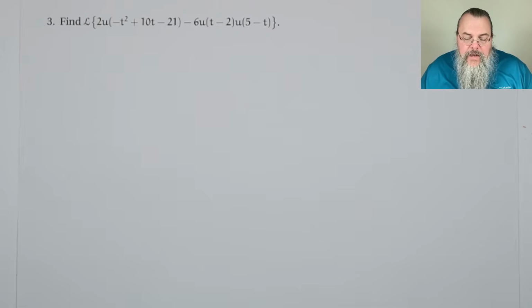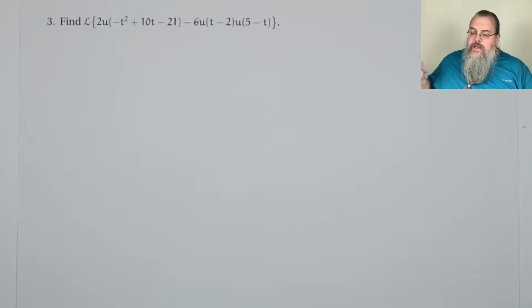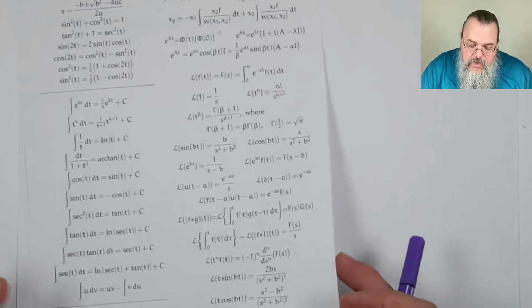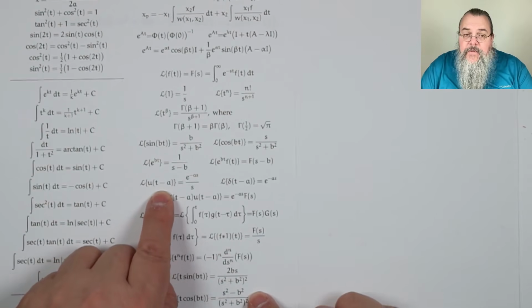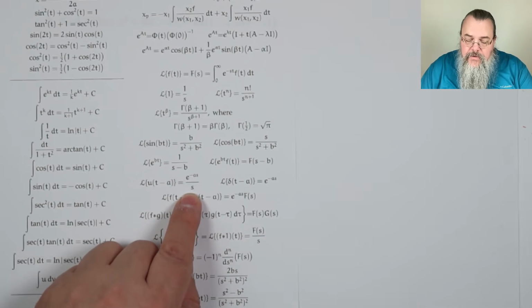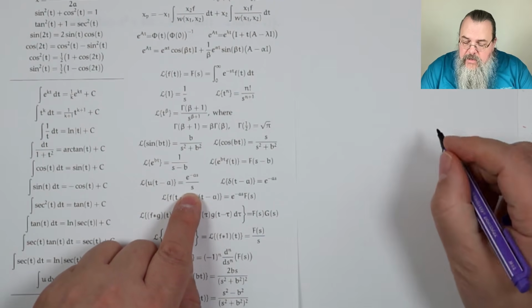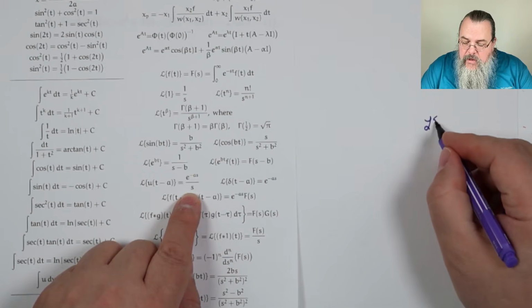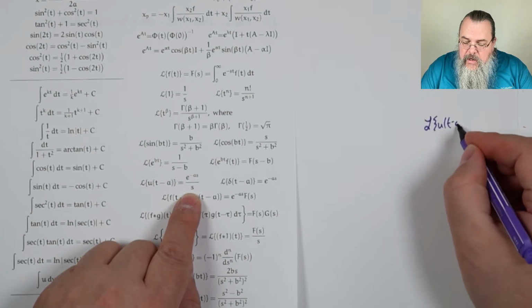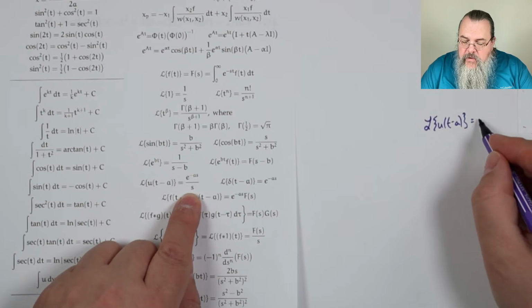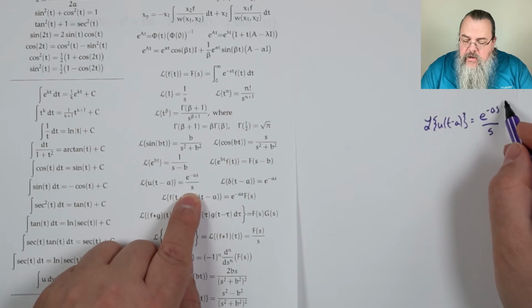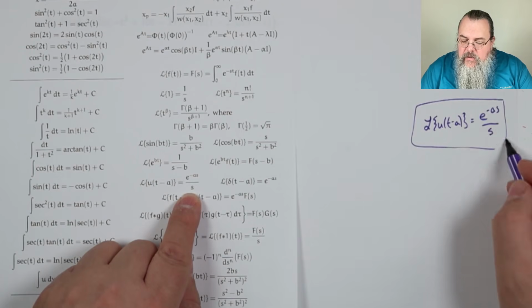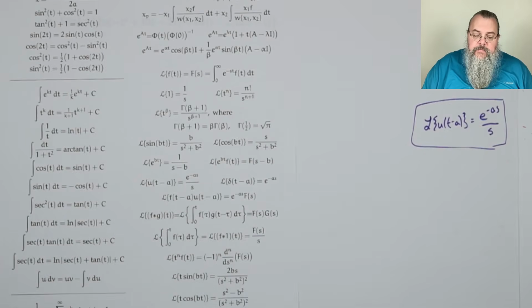We say, okay, well, the problem is we have a nice rule for just u, and it's on our formula sheet. It's right here. The Laplace of u of t minus a is e to the minus as over s. So we'll just write that down for reference. Okay, so this is our basic guiding formula.